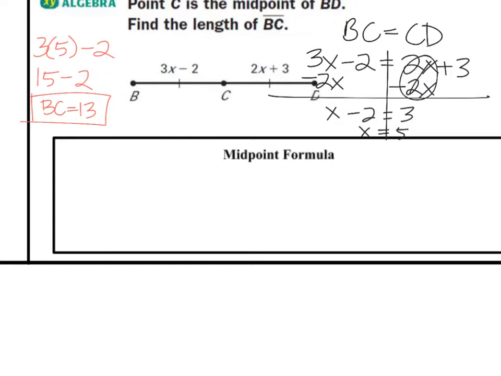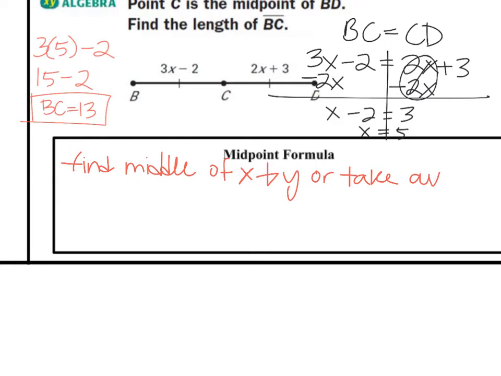Find the middle, right? If you find the middle or take the average, then you have the middle, the midpoint. But I'll give you a formula that you can use. I'm having a hard time writing today.